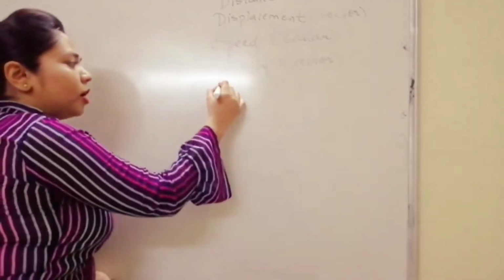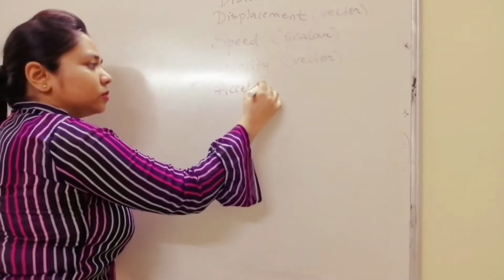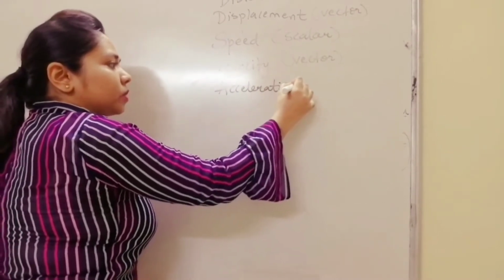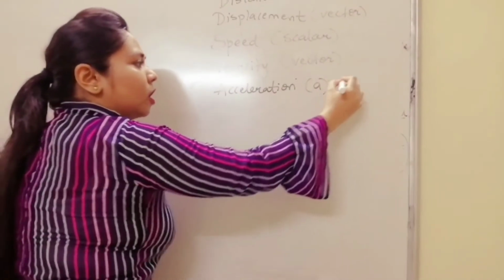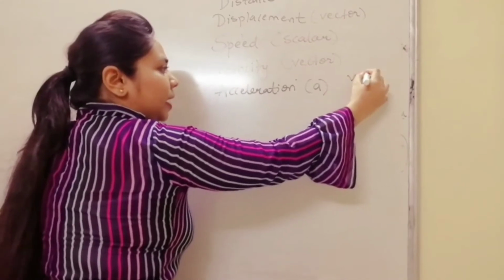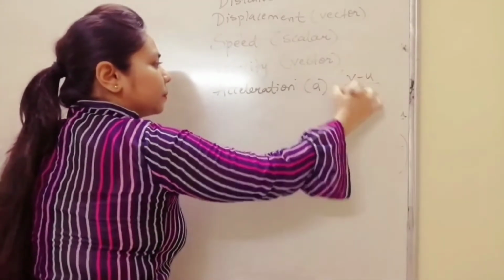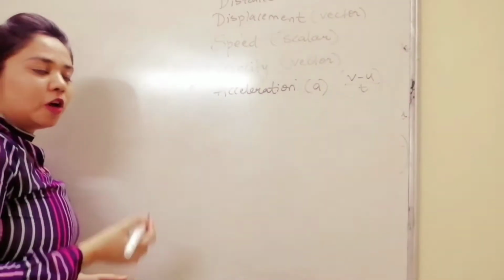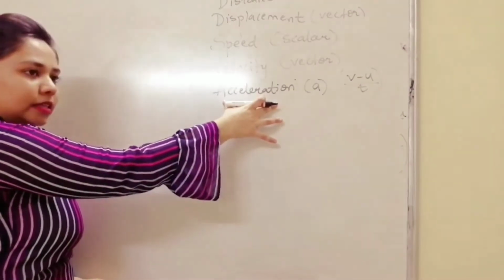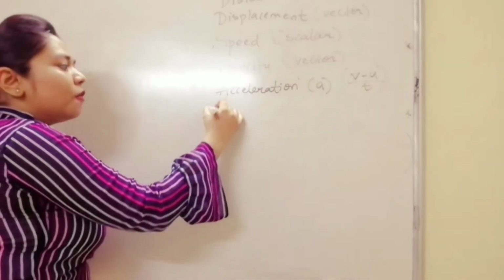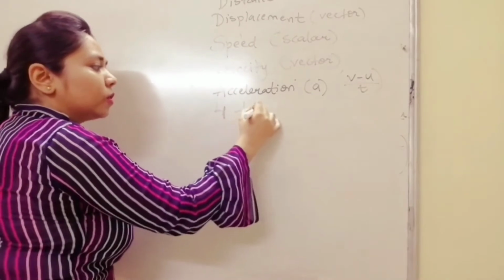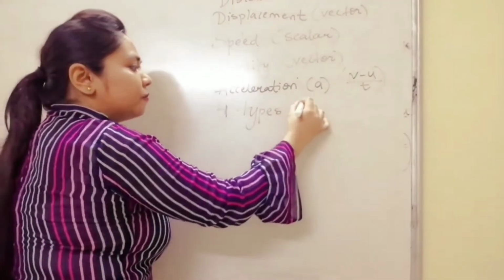Then we studied acceleration, small a. It was v minus u upon t. Rate of change of velocity is nothing but acceleration. Then we studied 4 types of graph.